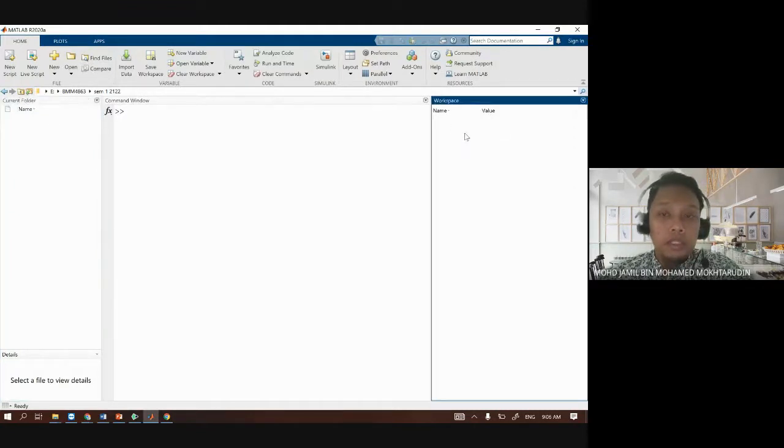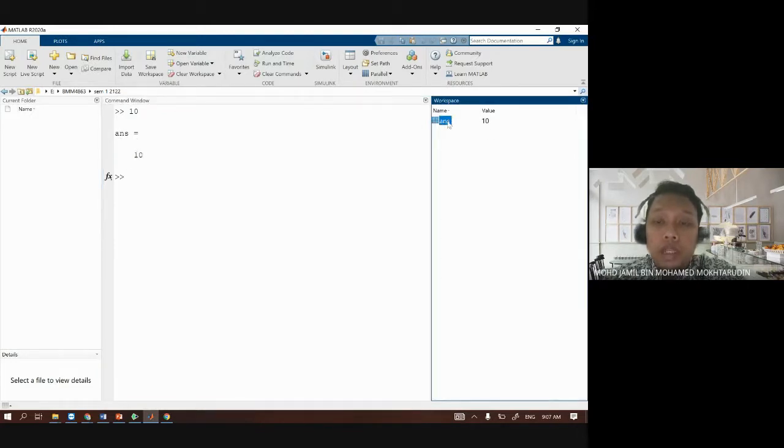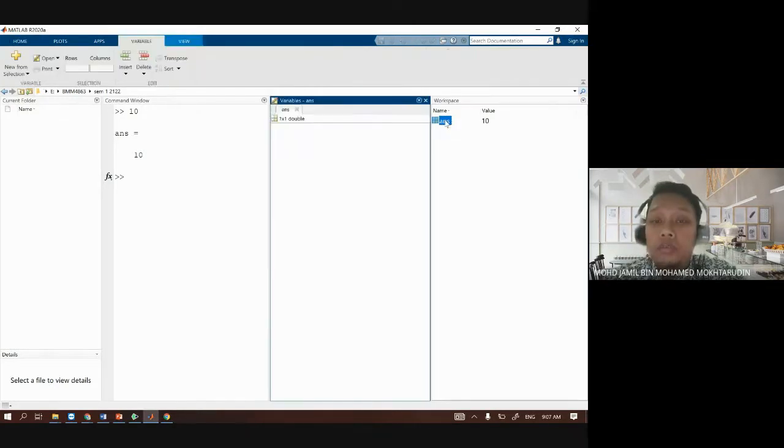And then the workspace is the place where, when you run code, the results will come up. So let's say I write the number 10 here, and then I click enter. It will give the result ans equals 10. If you look in the workspace, there is a new variable ans here with value 10.